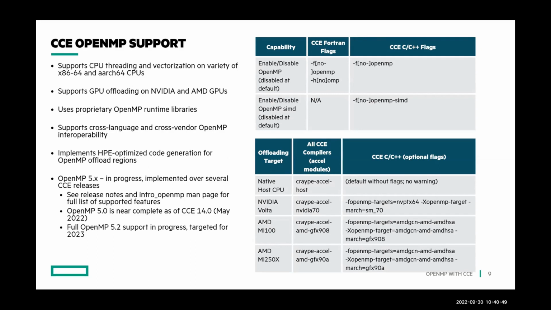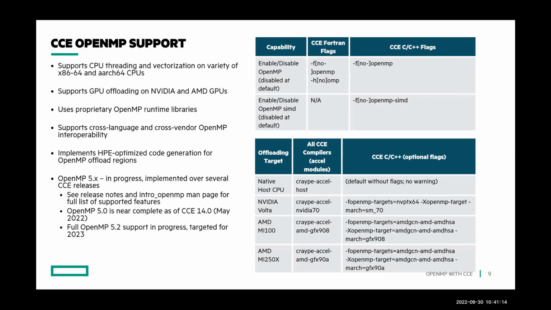So again, you can use different compilers and link them together with our Cray OpenMP runtime, and that should work. We also have our optimized code generation path for offload regions that we use both for our Fortran compiler as well as our Clang compiler. So we have our own code gen for that.